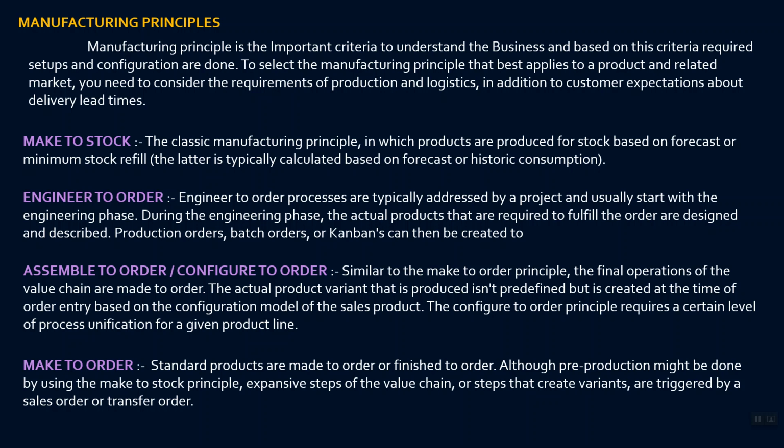If you say a shirt, it will fall under make to stock, but a single shirt which has different colors, like collar has a different color, arms have a different color, buttons have a different color. These components are the same, but it has different colors, so people can choose that color, and these items fall under assemble to order or configure to order.